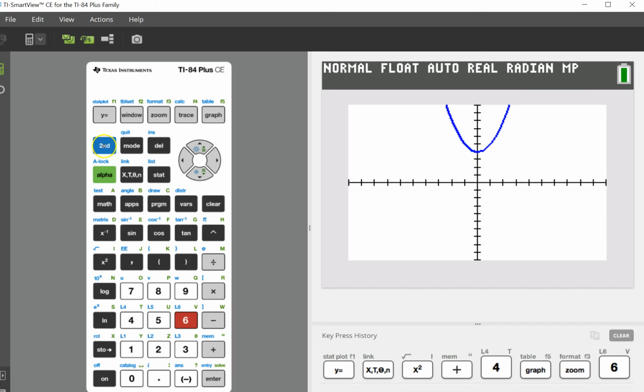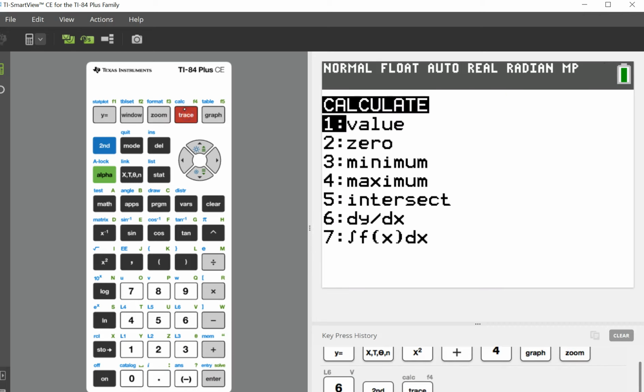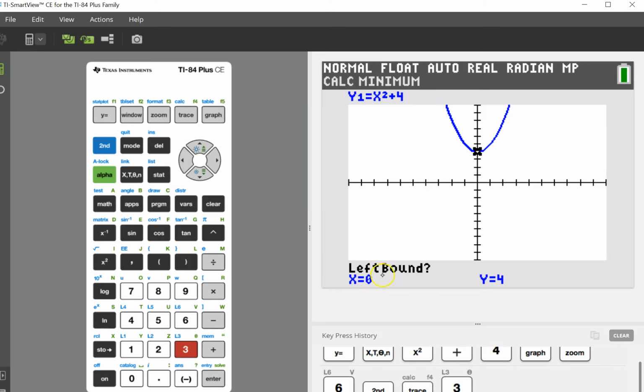So we're going to go second, trace, and minimum is number 3. So choose number 3. Here, where you see left bound, we are going to take this cursor, using the left arrow key, and move it to the left. Press enter. It now changes the word to right bound. I'm going to move the cursor to the right of the vertex. Now don't stop this close, swing it on around.